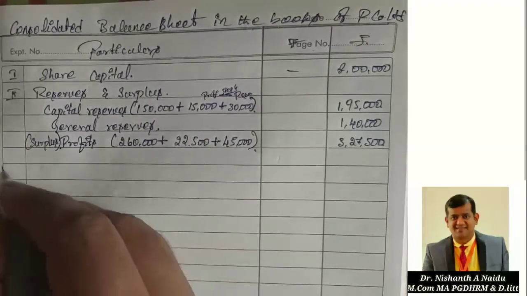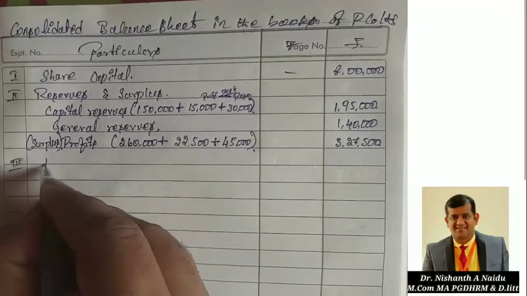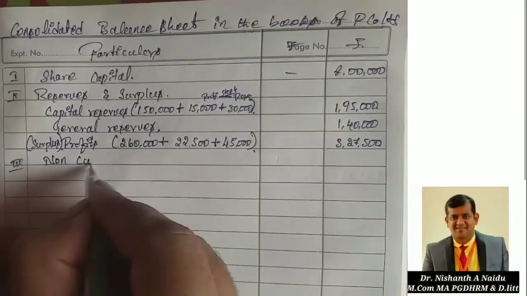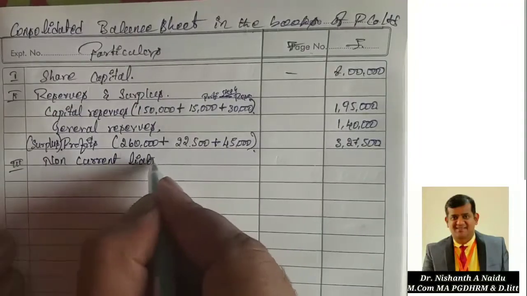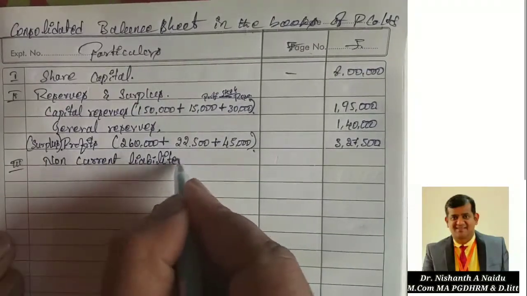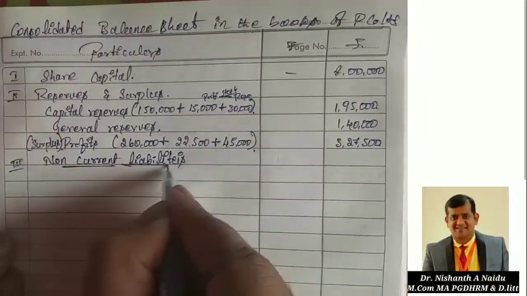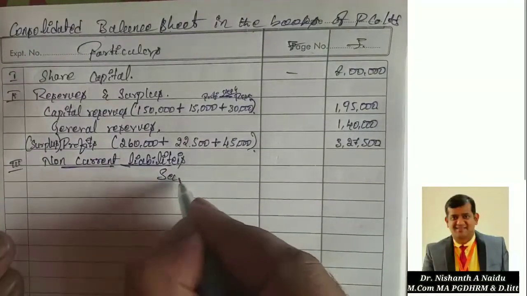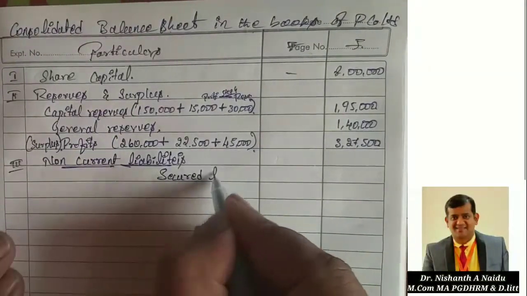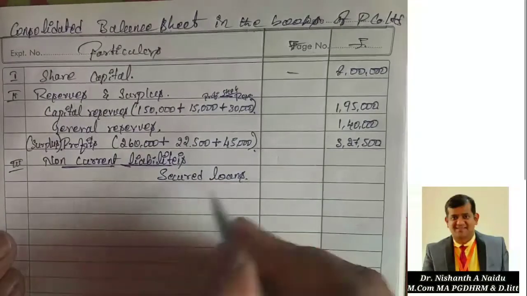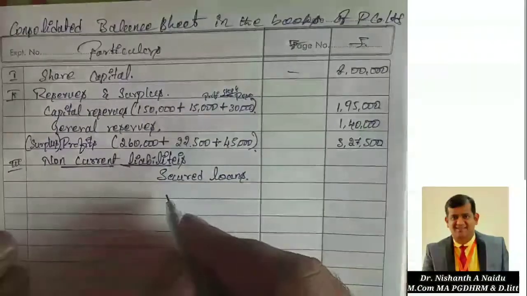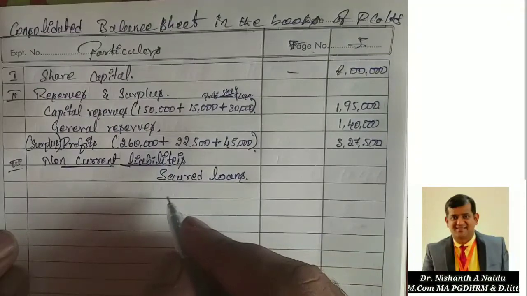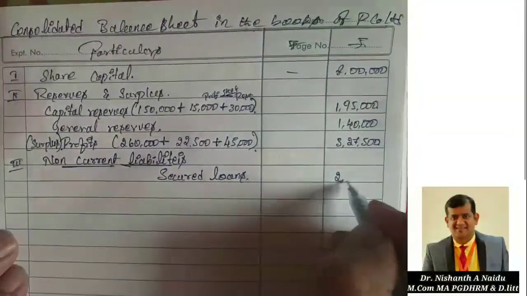So third item is non-current liabilities. So under this you write only secured loan is left. So secured loans. So how much secured loan is? 2 lakh rupees. So I'm writing it directly 2 lakh.